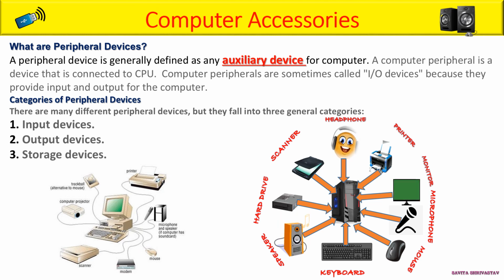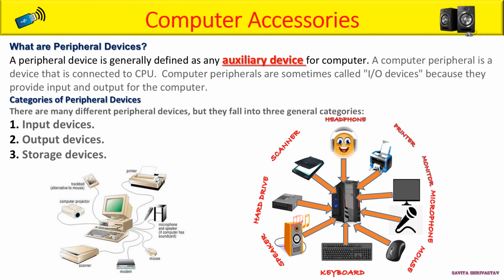A computer peripheral is a device that is connected to the CPU through cable wires. Computer peripherals are sometimes called input-output devices because they provide input and output for the computer. Some peripherals such as an external hard drive provide both input and output for the computer.